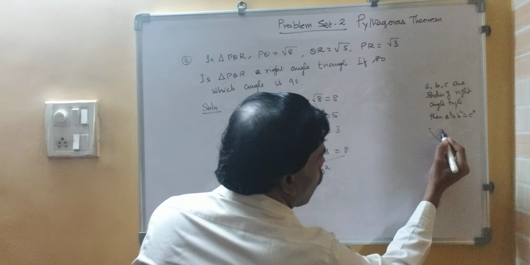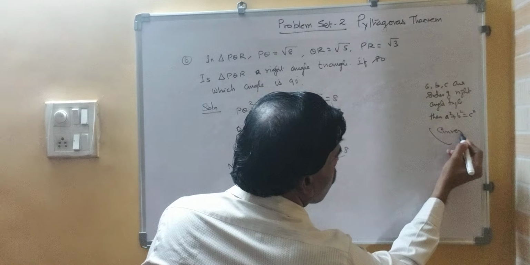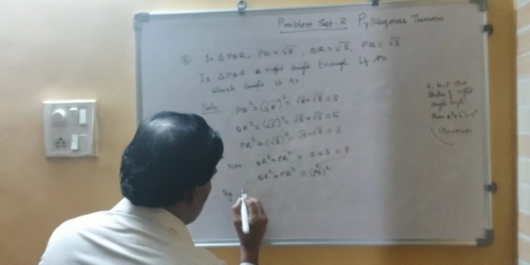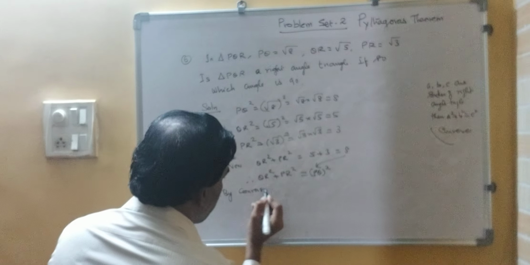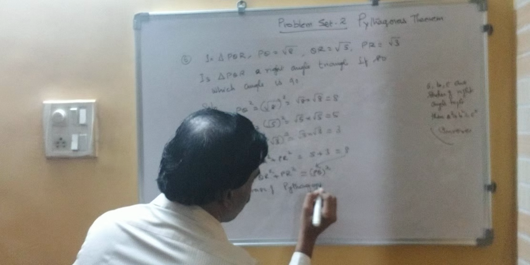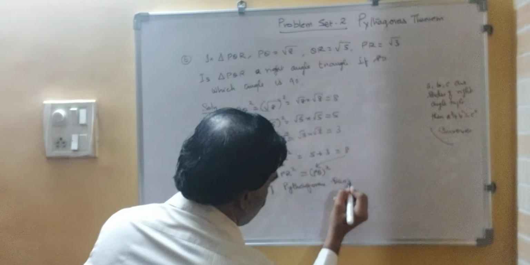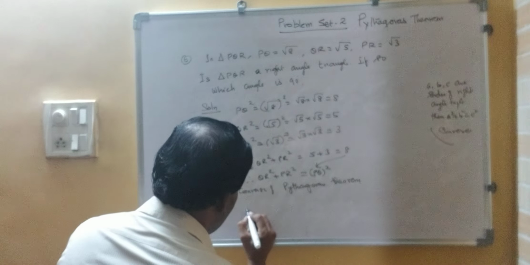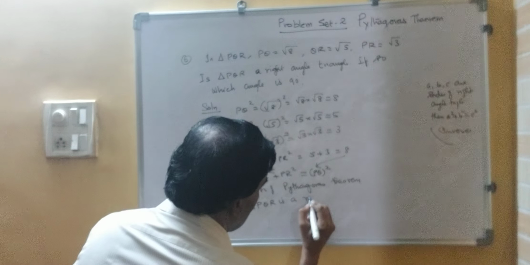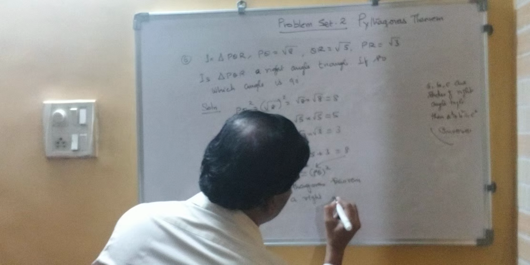So, which theorem? Converse theorem. Therefore, by converse of Pythagoras theorem, what will happen? Triangle PQR is a right triangle.